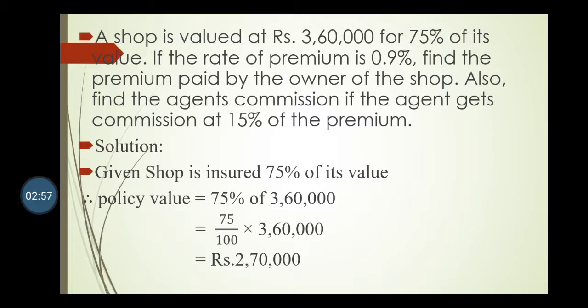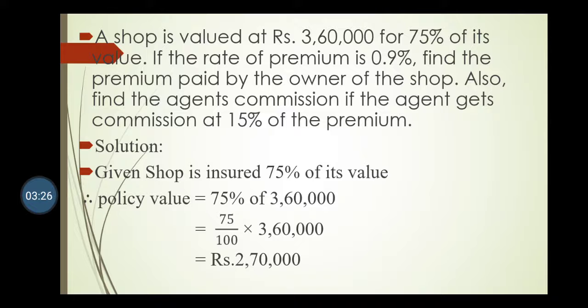The next question is, a shop is valued at rupees 3,60,000 and is insured for 75% of its value. If the rate of premium is 0.9%, find the premium paid by the owner of the shop. Also find the agent commission if the agent gets commission at 15% of the premium.